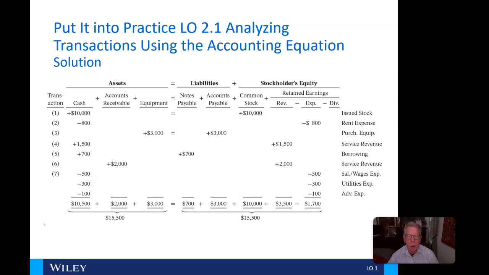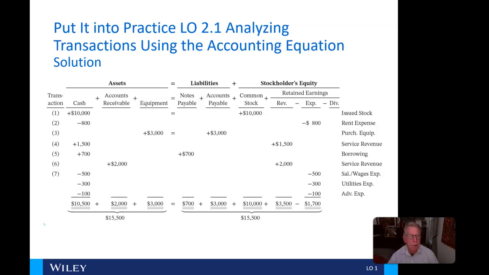For purchasing equipment, we did that on account, so we have debited equipment to increase a left-hand side account and credited accounts payable. Then on number 4 here, our service revenue, we're going to increase revenue on our income statement with a credit, but we've also debited cash for $1,500. So debit cash, credit revenue.